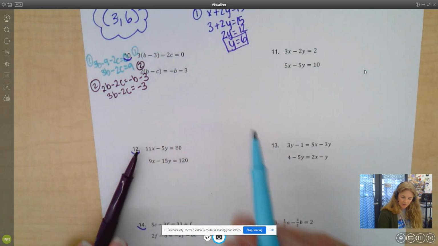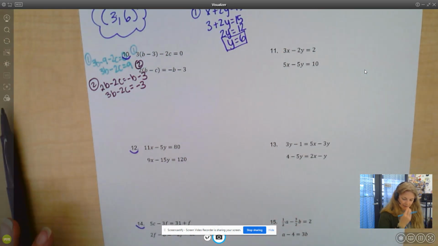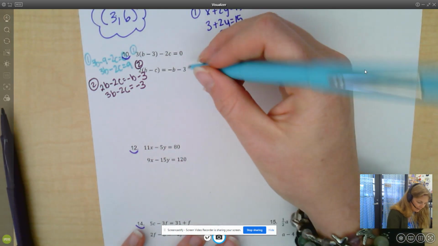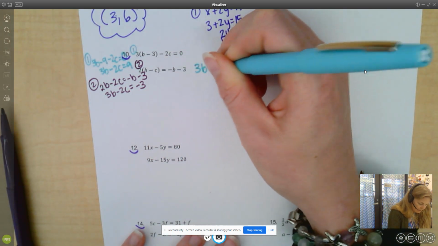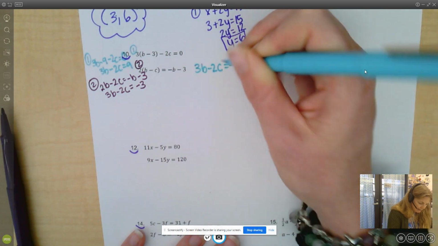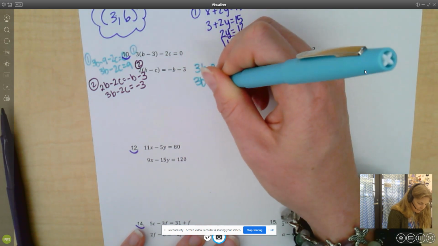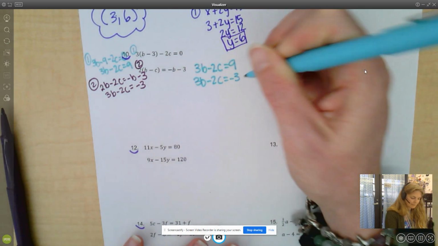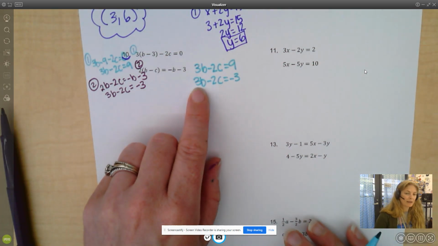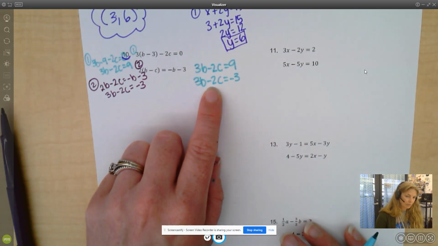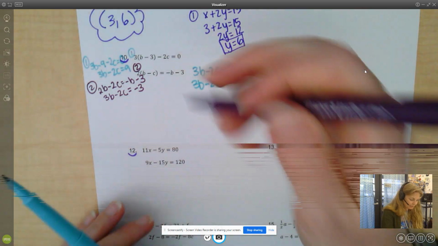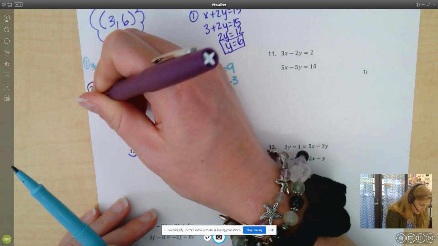So taking a look at my two equations, what I notice I have, 3b minus 2c is equal to 9, and 3b minus 2c is equal to -3. I could multiply my second equation by -1 so I can add my system. So I'm going to do that.